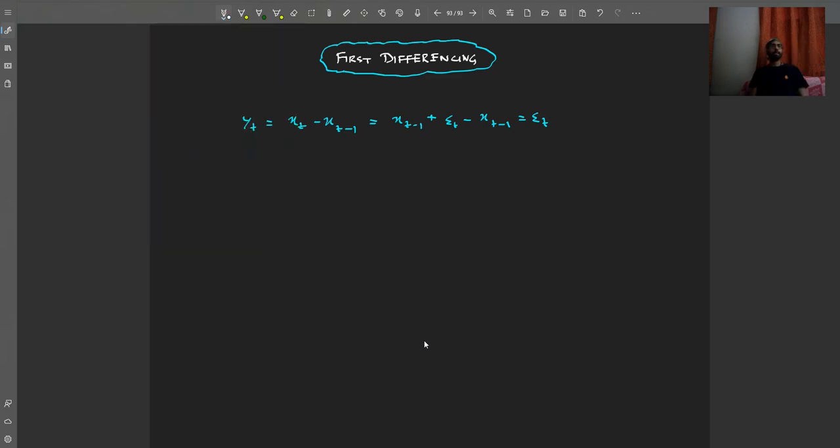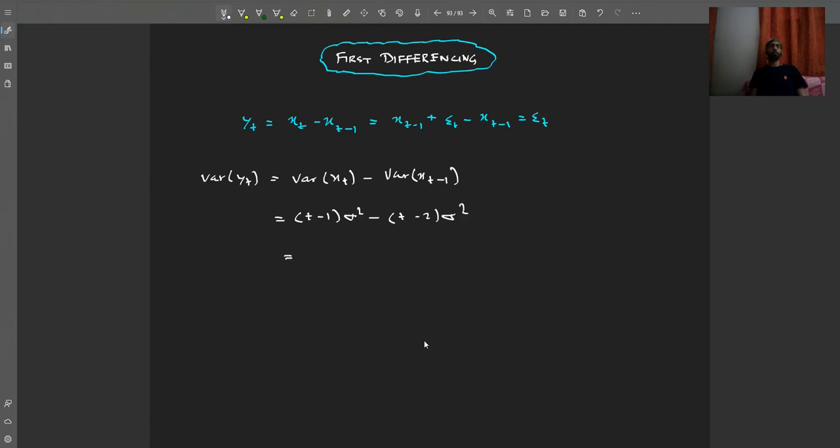First, the variance was violating in the previous equation, right? So let us check the variance here. Variance of yt is equal to variance of xt minus variance of xt minus 1. So from the previous equation, this will be t minus 1 into sigma square minus t minus 2 into sigma square, right?